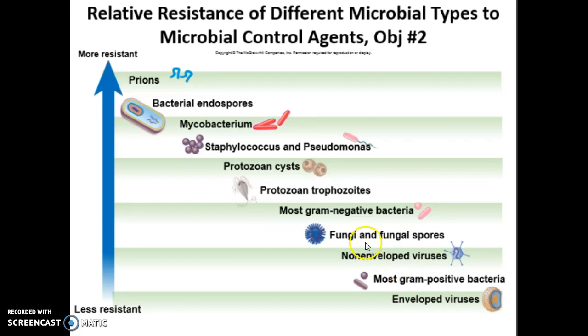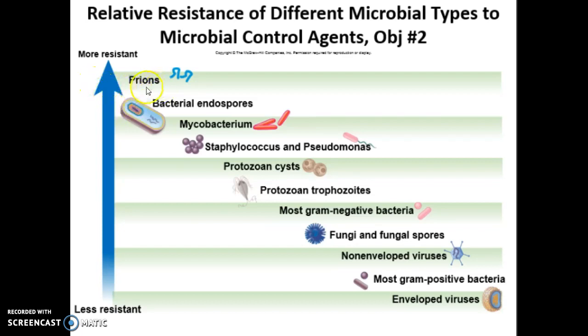And as you move up the list, you go up into organisms that are more resistant. And prions, if you remember, we mentioned that prions actually have to be incinerated for them to go away. You can't autoclave them, you can't boil them, they're always going to be there. So those have to be incinerated.